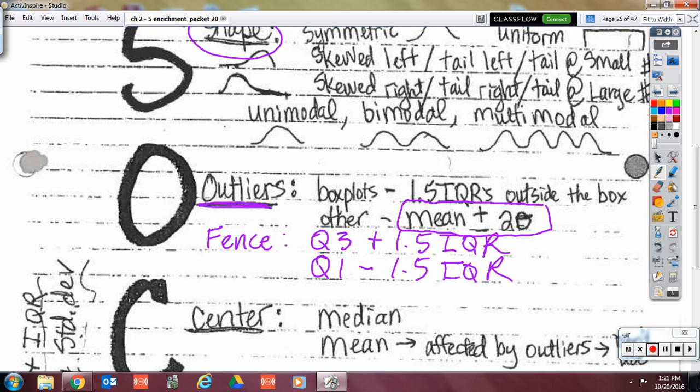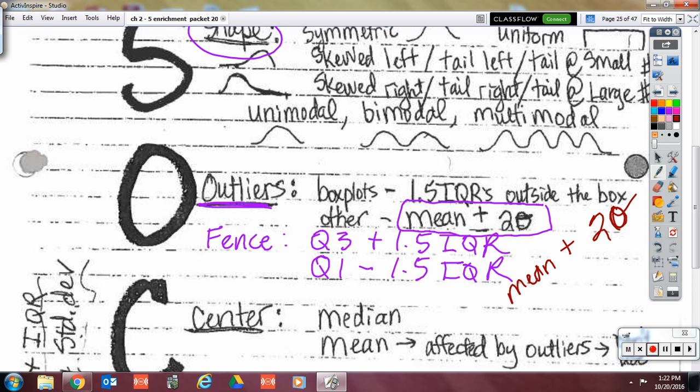The mean plus 2 standard deviations is an upper fence if you have the information with the mean and the standard deviation. So if you have mean and standard deviation stuff and you choose that rule, then mean plus 2 standard deviations is that upper fence. So if there are data above that, you have outliers.